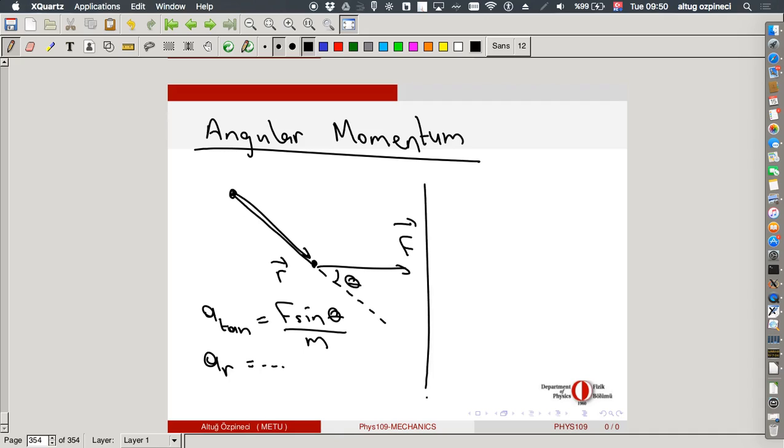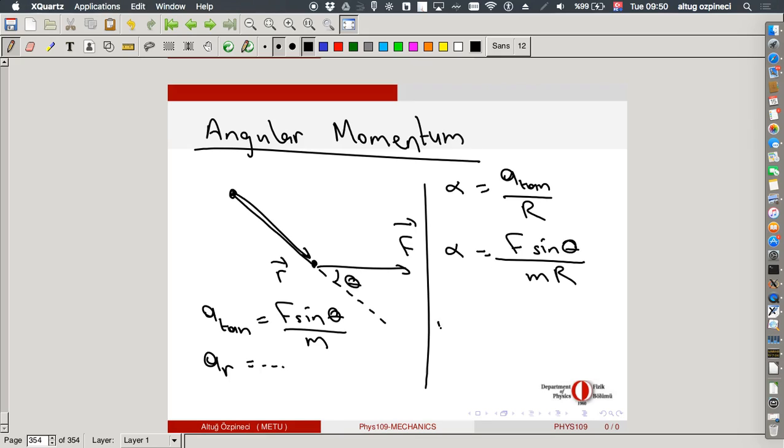And from this expression, if you remember what we said, we knew that alpha was equal to the tangential acceleration over r. And we put it over here so that we determine that alpha is equal to F sine theta over m times r.